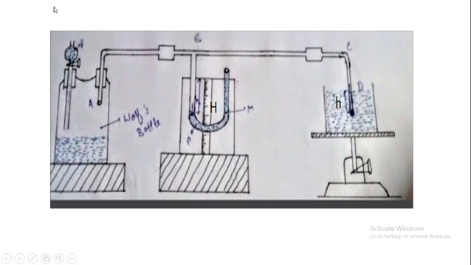Now, using the funnel, you fill water slowly and steadily. Then, when water enters your Woulfe's bottle, the air trapped in the bottle, an equal volume of that air, is forced out through the Woulfe's bottle.